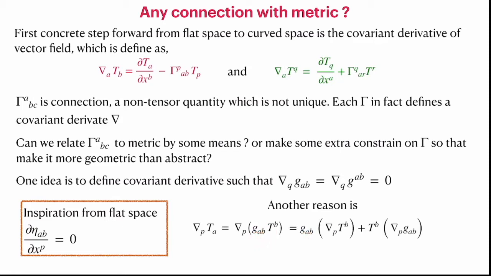Now we have to use the product rule. Then we get two terms. First, G_AB remains the same and our differential operator acts on the contravariant tensor T^B, and then the contravariant tensor comes out and our differential operator acts on the metric tensor G_AB.